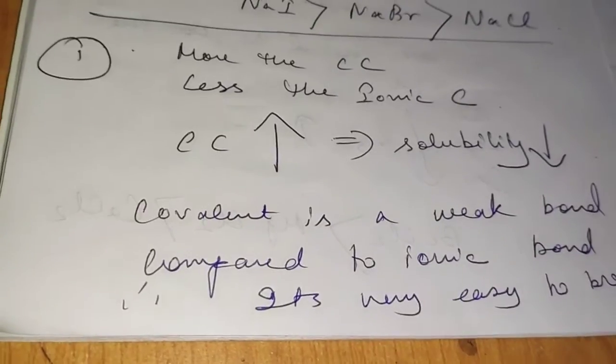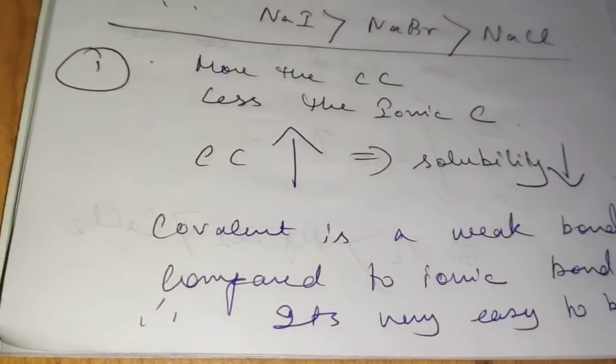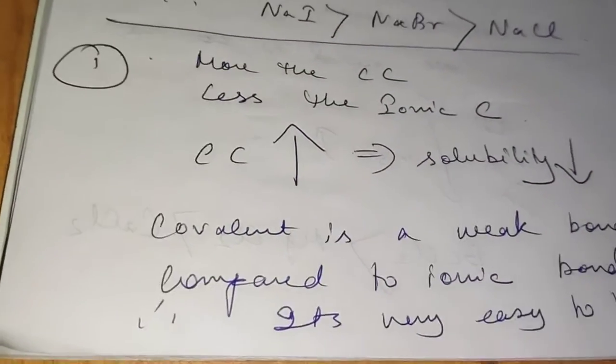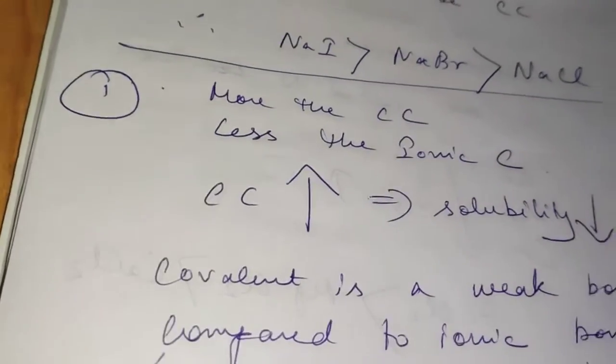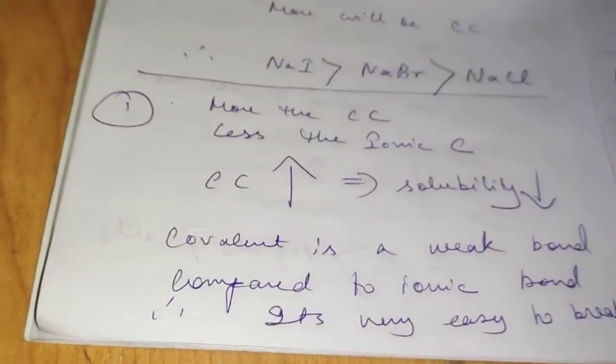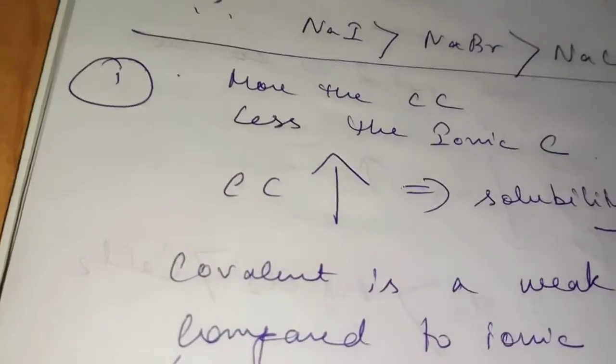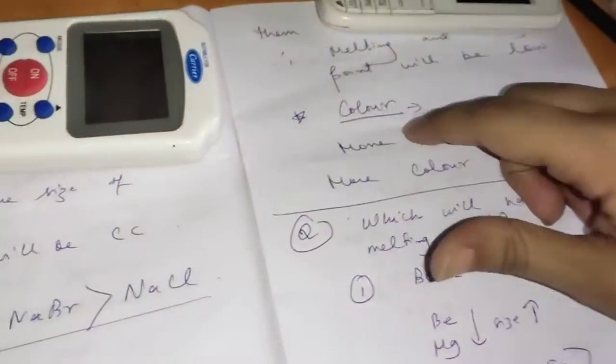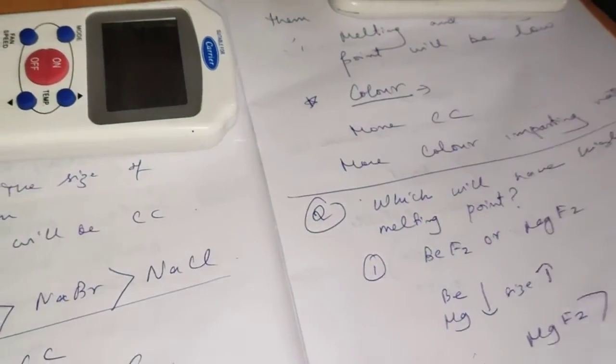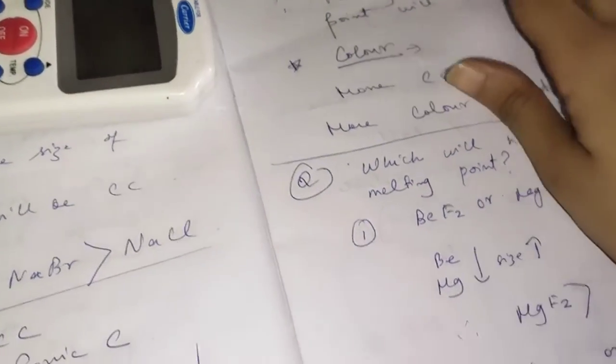And since they can be broken very easily, they become soluble very easily, right? And even the melting and boiling points would be low if the covalent character is more. And another most important point is the color. The more the covalent character, the more would be its color imparting nature.